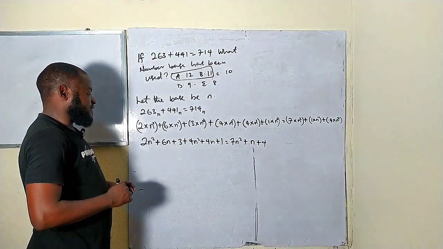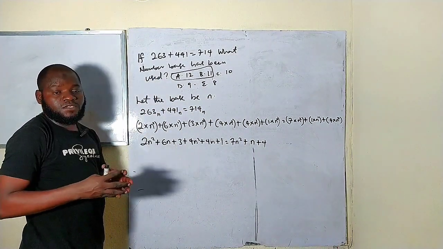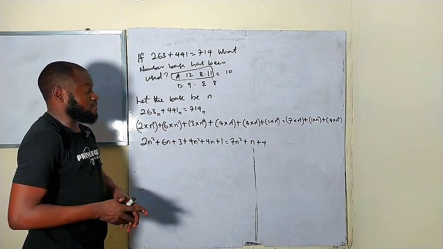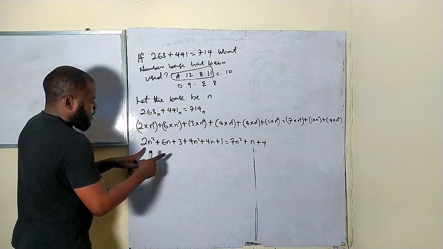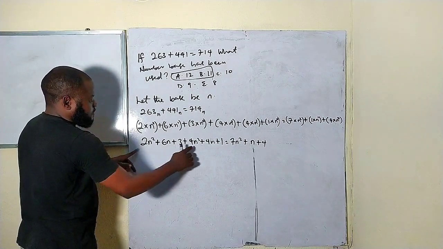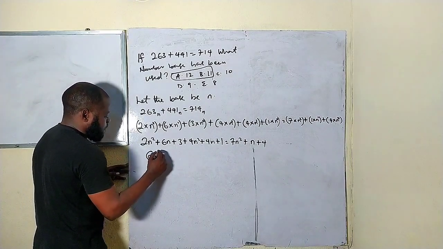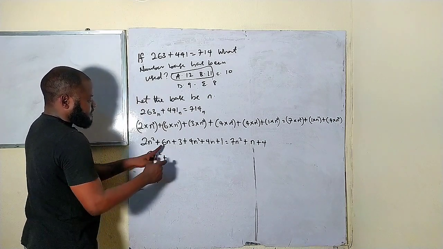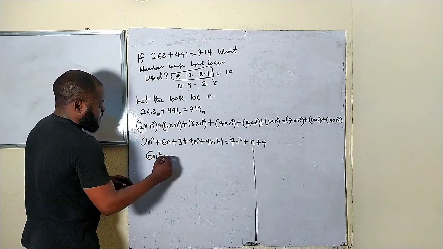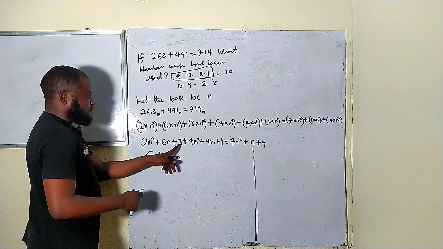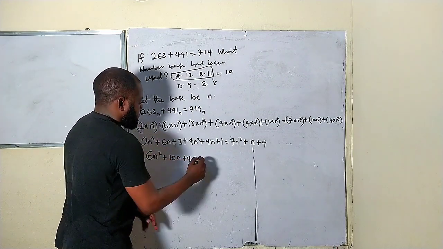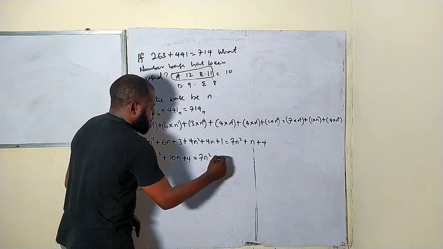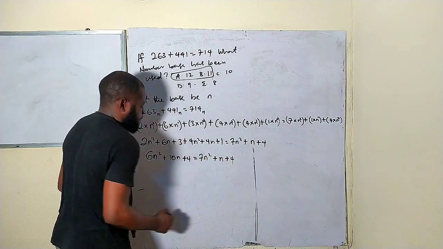So let's collect the like terms now. All n squared will come together, all n should also come together, and all the constants should come together. So without wasting much of our time, this is 2n, this is 4n. That will be 6n squared plus 6n plus 4n, that will be 10n. 3 plus 1, that will be 4, equal 7n squared plus n plus 4.